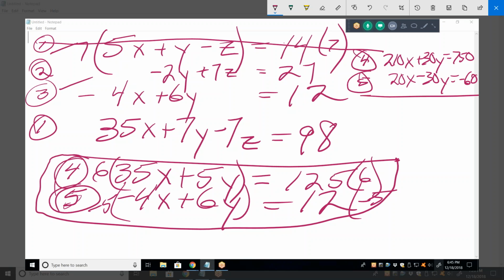Now we are in business. Now we can eliminate it down to one variable. What's the next thing I got to do? Okay, it's not 220. 210 plus 20 is what?